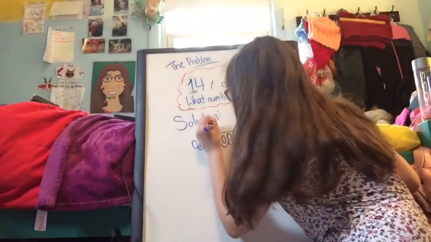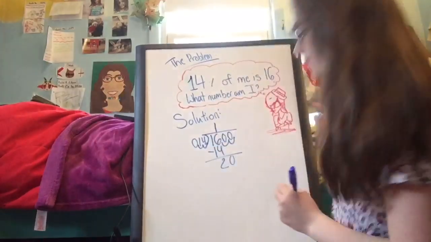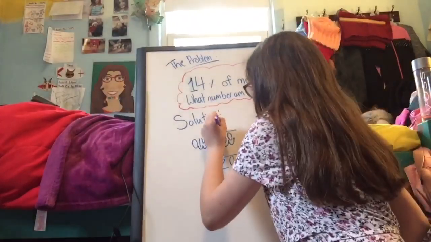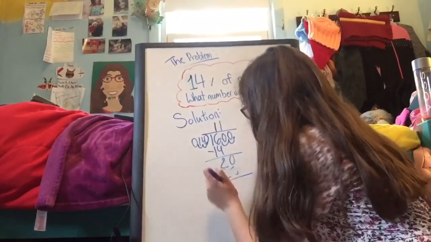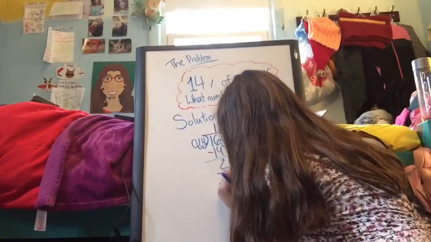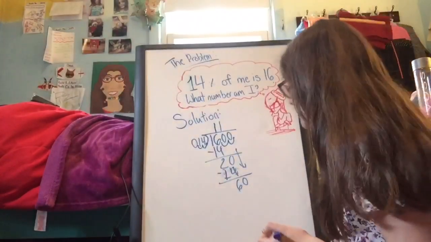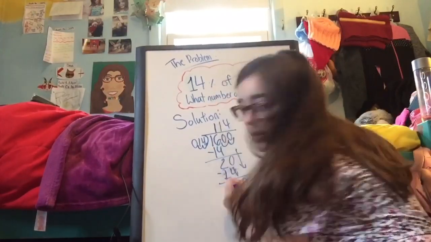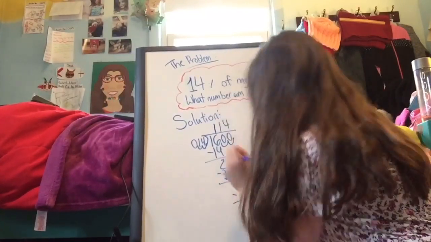Fourteen goes into 16 once, minus 14 is 2, drop the 0, 20. 14 goes into 20 once, minus 14 is 6, drop 0, 60. 14 goes into 60 4 times, minus 56 is 4.